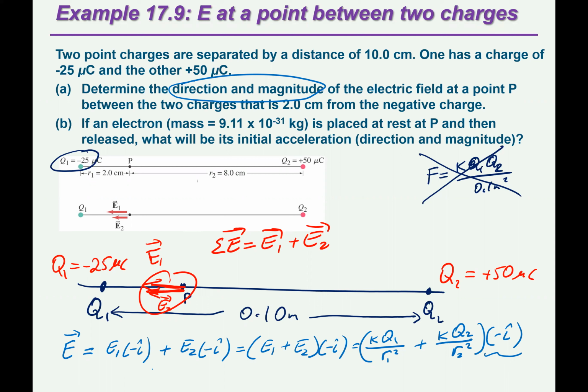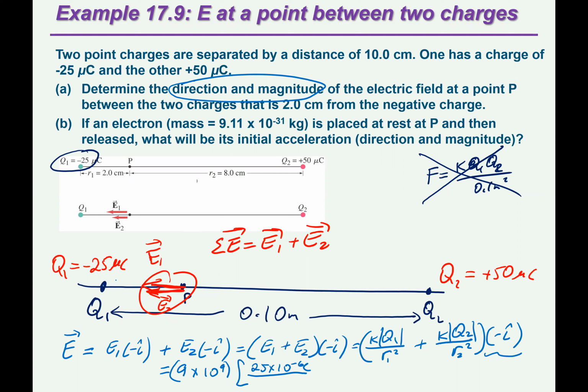If I'm doing this calculation, I can factor out K, which is 9 times 10 to the 9. Then the calculation becomes Q1 over R1. Q1 here, remember, is the magnitude, so we're always using absolute value: 25 times 10 to the negative 6 coulomb over the distance.